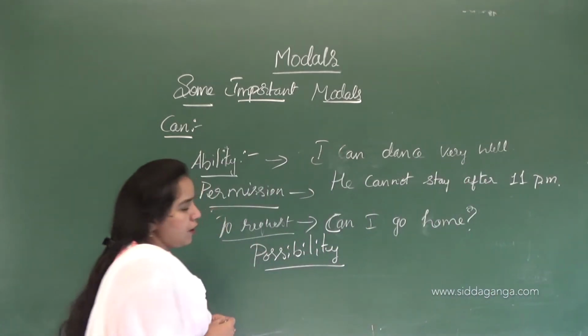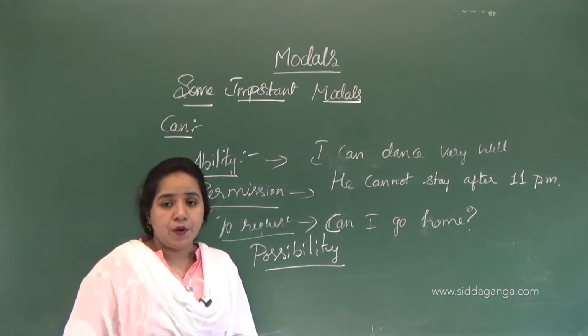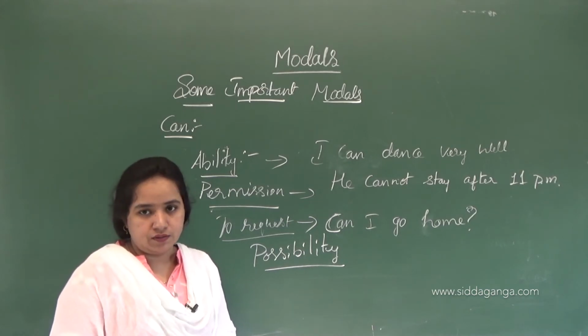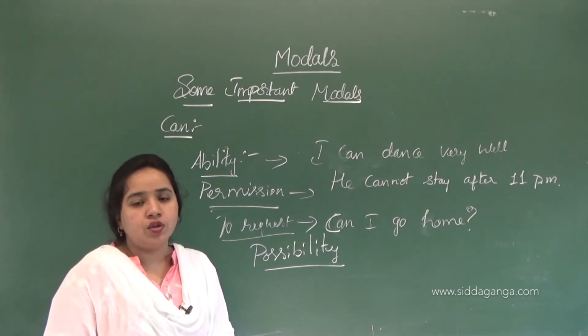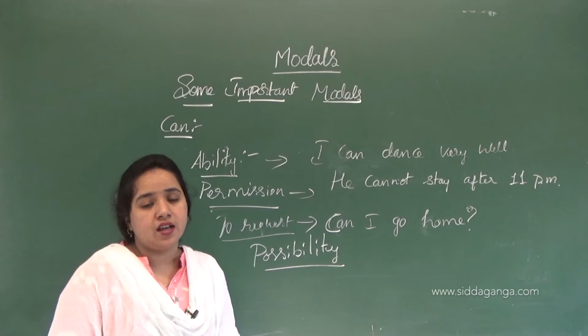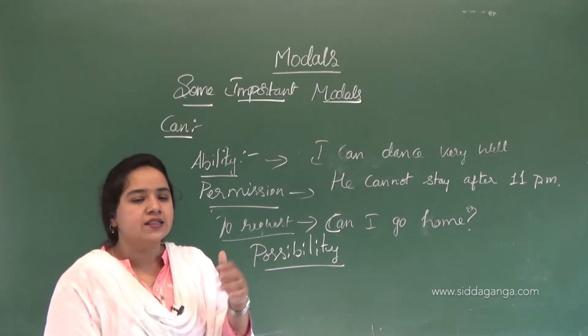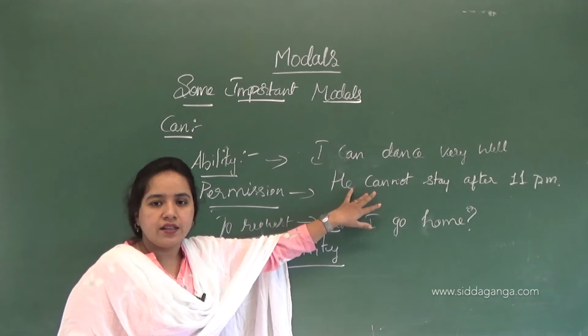It expresses permission when we are asking for it or when somebody is not giving permission. Our parents, teachers and elders may not give permission, so we have to go with their permission. In that case, we should use can.